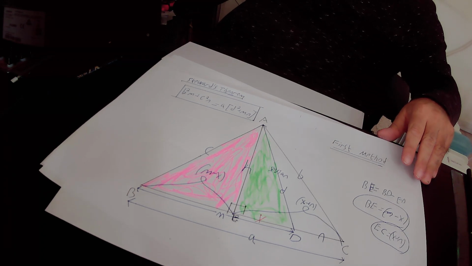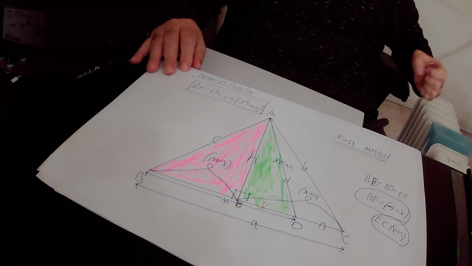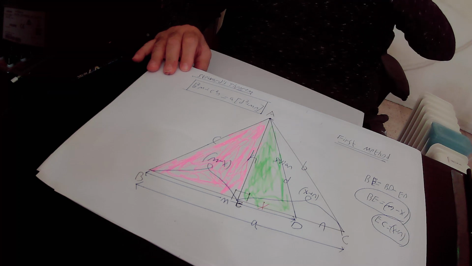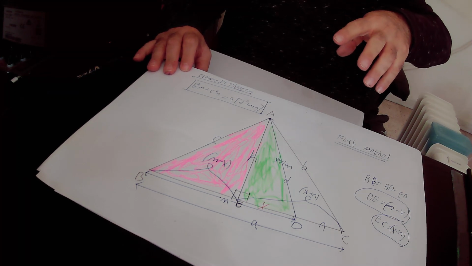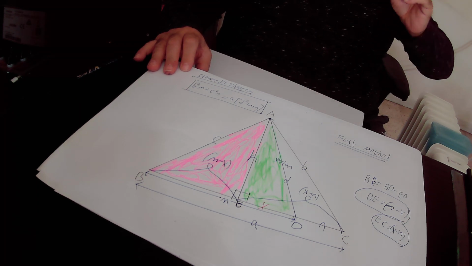So, in this lecture we proved Stewart's theorem in two different methods. In a nutshell, Stewart's theorem yields a relation between the length of the sides of the triangle and the cevian of the triangle.